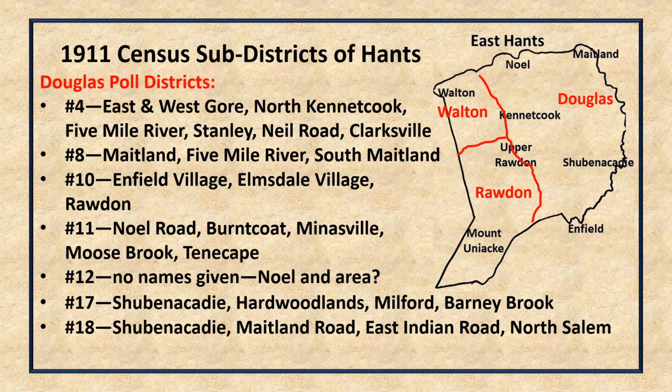For example, on this slide, Douglas poll subdistricts include the numbers you see here, each number representing a community group within what was once known as Douglas Township. The township was named by Major John Small, commanding officer of the 2nd Battalion of the 84th Regiment after the American Revolution, when he received the 82,000 plus acres to divvy up among his disbanded soldiers.